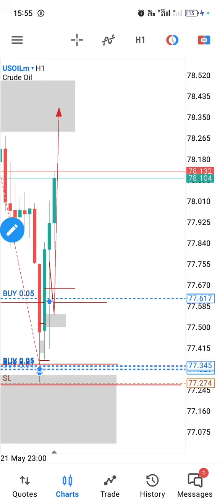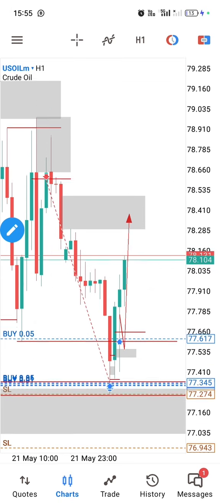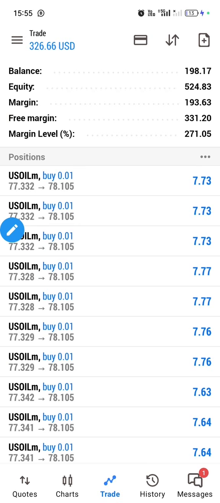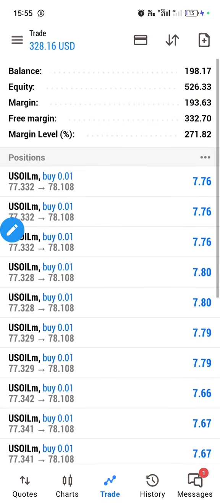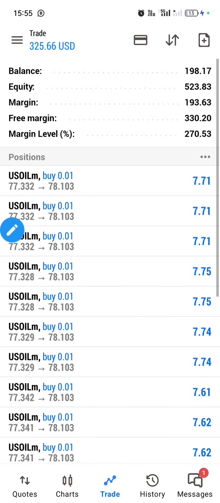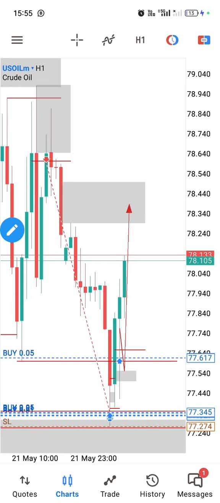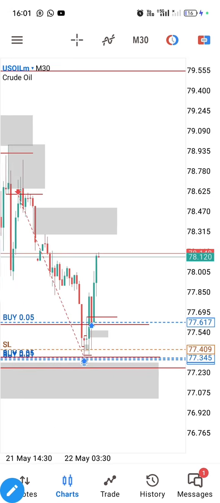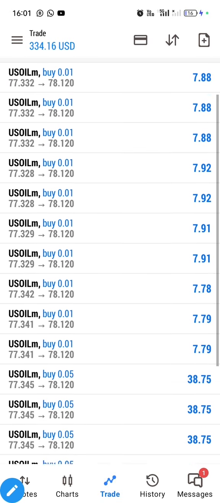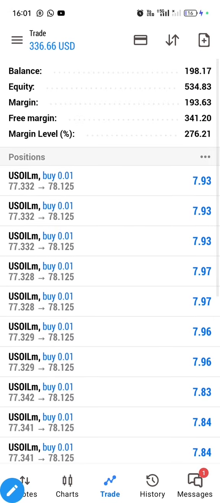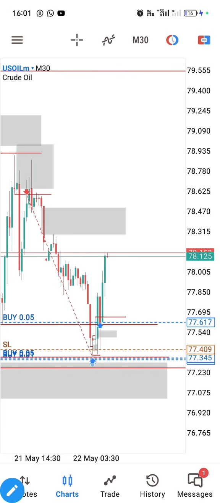But surprisingly, what happened was price switched up on me, and I would like to come clean here. It just sort of did a spin. I don't know if US oil is always like that, but my target again was that imbalance, and then we close in that imbalance because price might keep on shooting down, or we don't know what it might do.